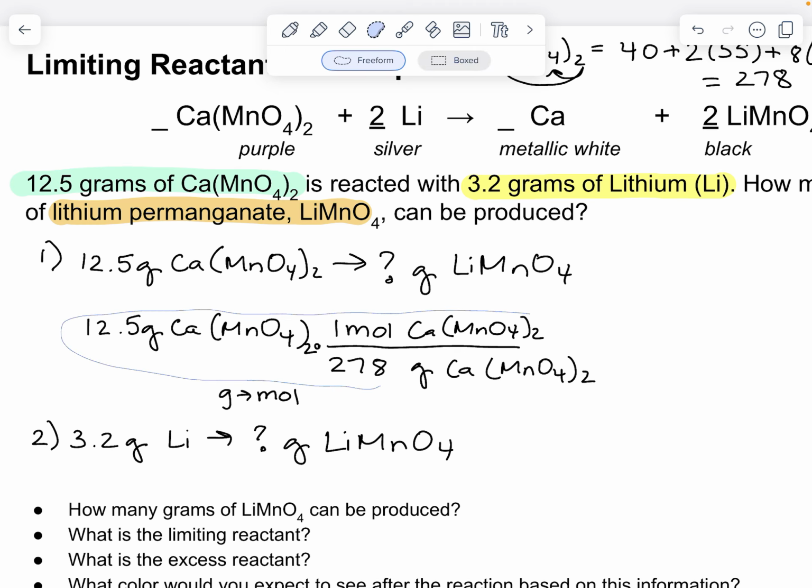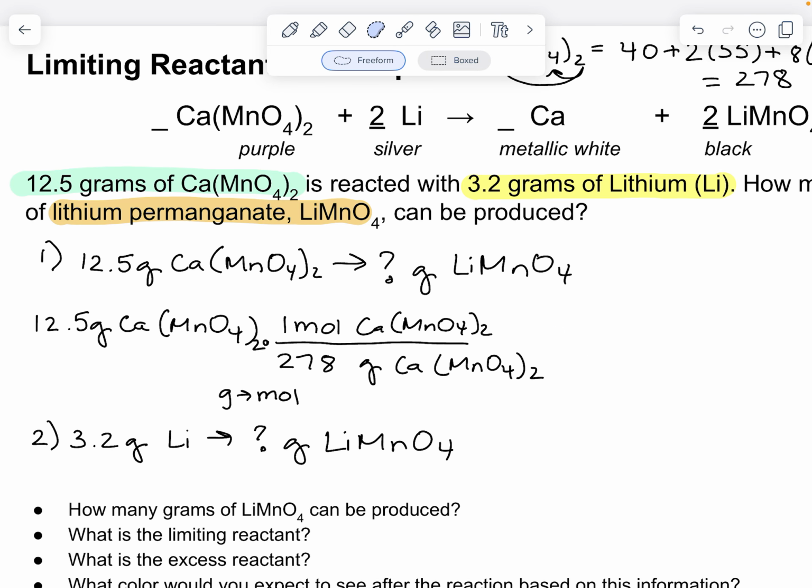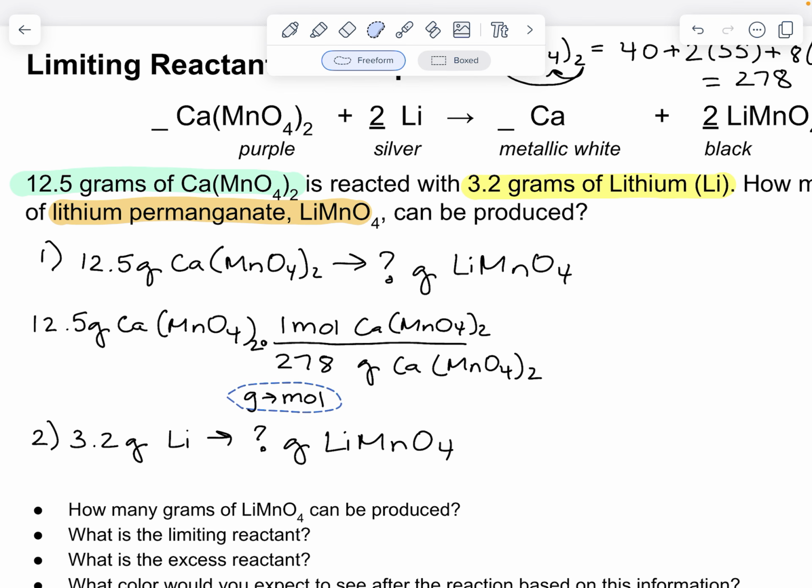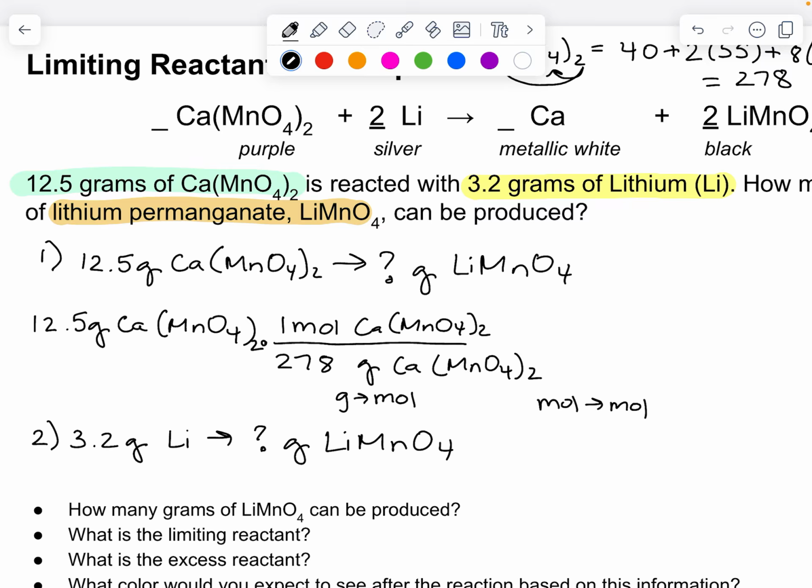Once I'm now at moles of calcium permanganate, I can now do that mole to mole conversion using the ratio of the coefficients in my reaction. So I figure out what's going to go on the bottom here by looking at what is on the top here. I'll look at my reaction in a second.